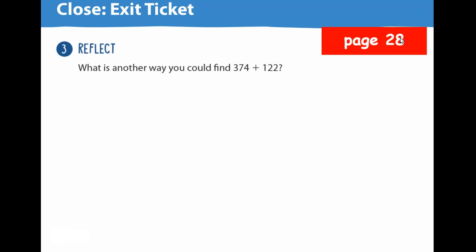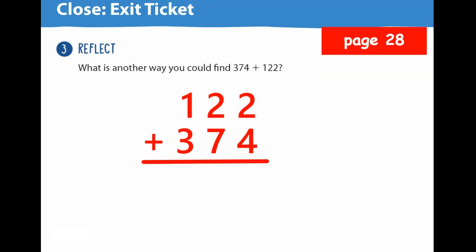So look at page 28. Okay. Can you go ahead and solve this for me? It says 374 plus 122. Go and solve that for me now. So this is how you would set up the problem. Go and solve that for me, please. All right. You should have something like this.